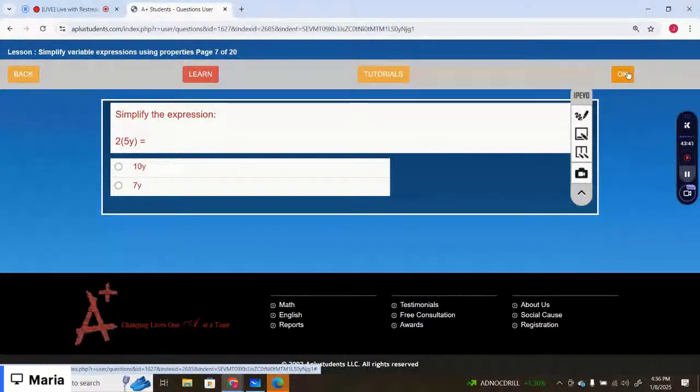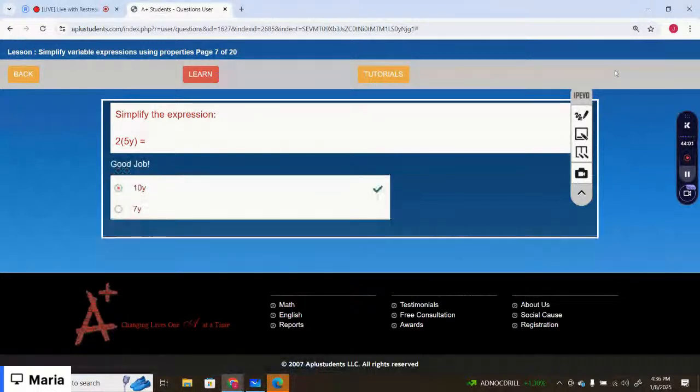Simplify the expression. That is 10y. Option number 1 is the correct option.